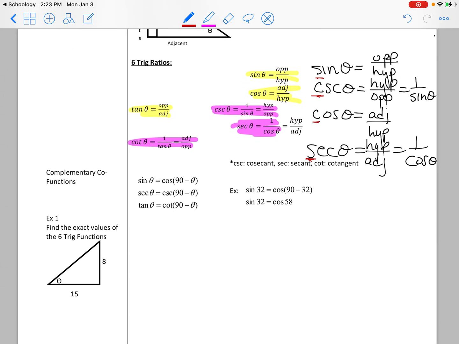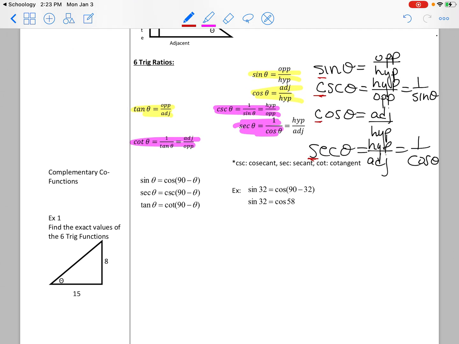So now let's continue. They're also complementary cofunctions. All this means is if I take a right triangle with a 90 degree angle here, and this is theta, then the angle up here is 90 minus theta, because the triangle has to add to 180. Whatever theta is, the other one has to be 90 minus that.